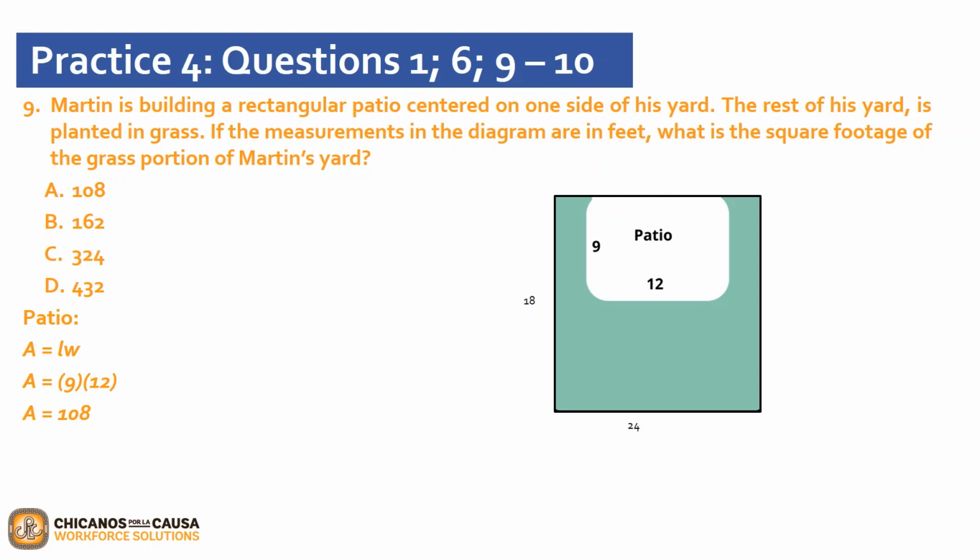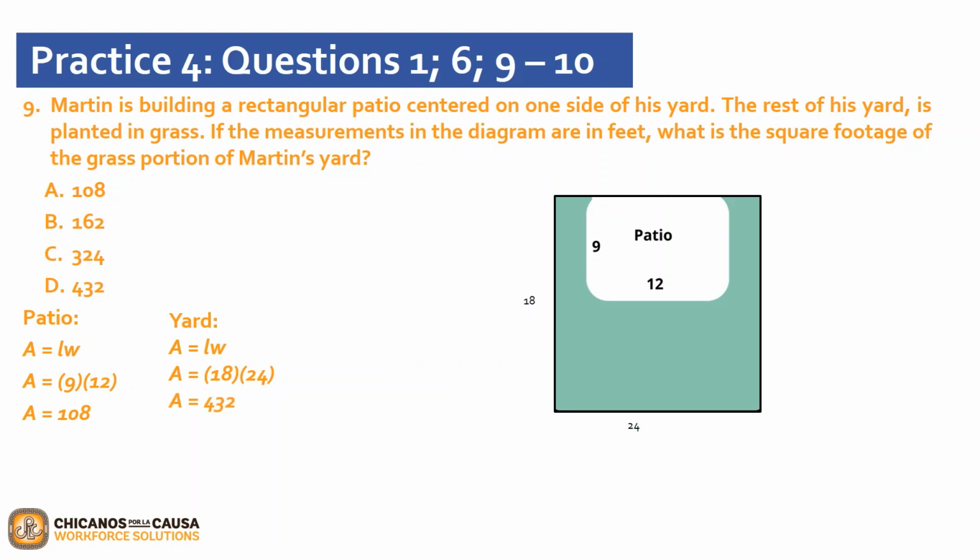Now, let's find the square footage for the yard. Once again, we were told it's a rectangle, so we're going to multiply the length times its width in order to get the area of the yard. We're going to replace those values with 18 and 24, yielding a result of 432.